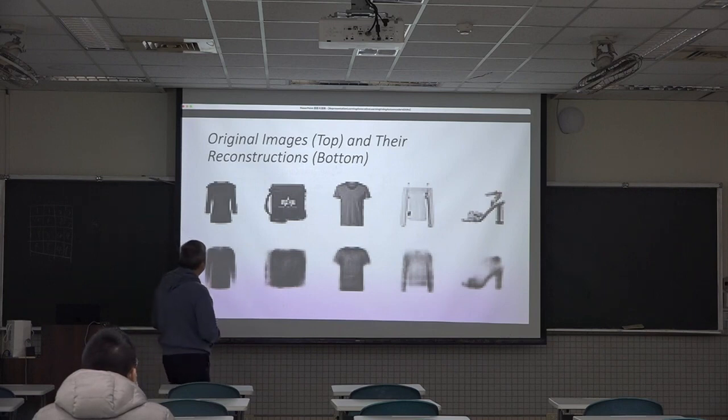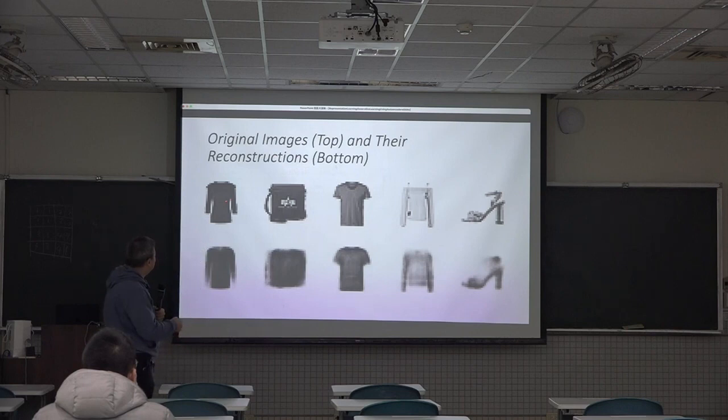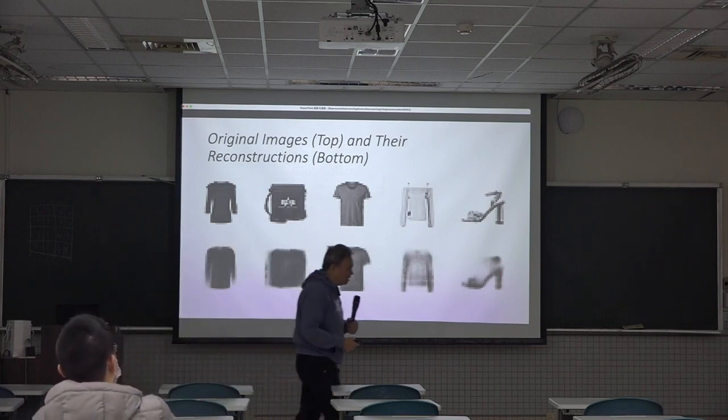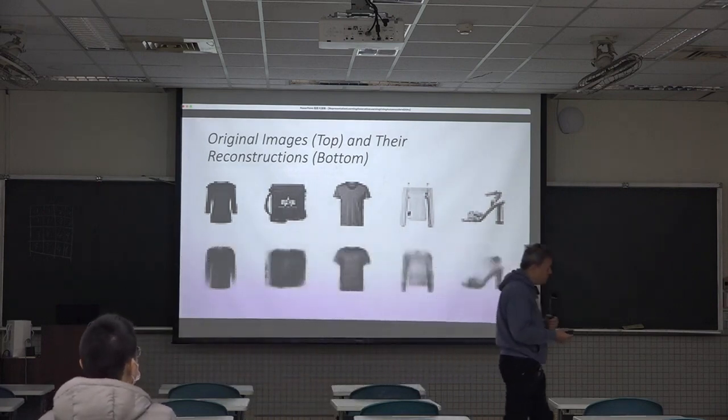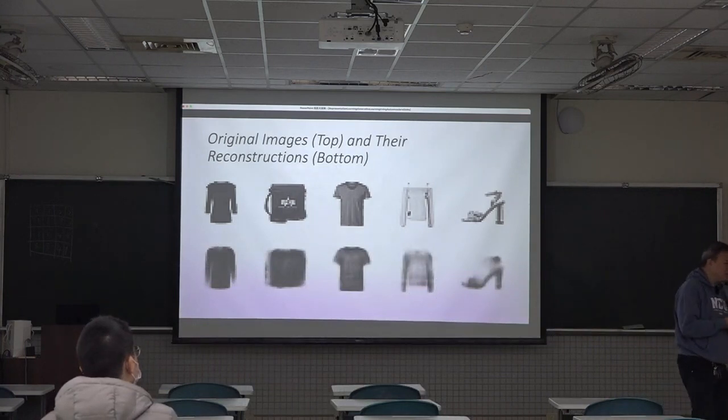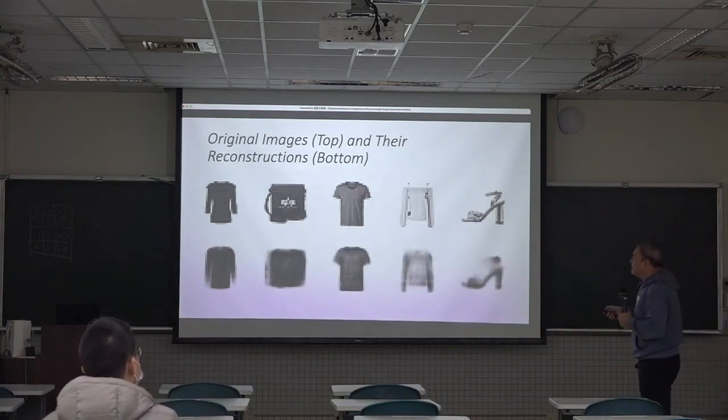If you look from afar, you can see they look similar. Although you probably don't feel the pictures in the lower row have good quality, at least they are similar.